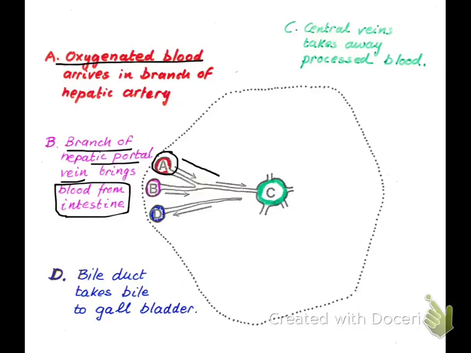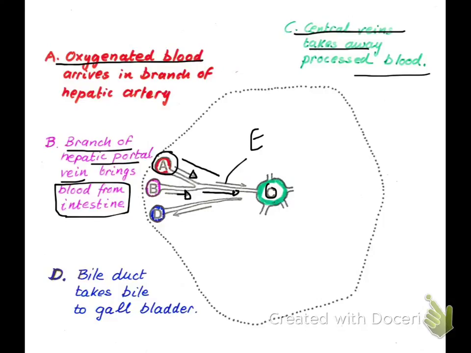This blood from the intestine has nutrients in it, so B will go and exchange that blood with the hepatocytes. After the exchange between A and B and the hepatocytes, the sinusoid will form, and the sinusoid, I will name it E here, will eventually drain into C. C, as we said, is the central vein, which takes away the processed blood.